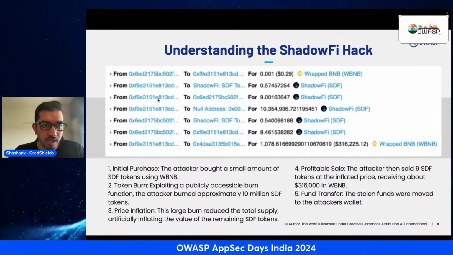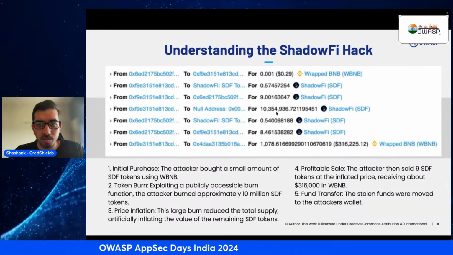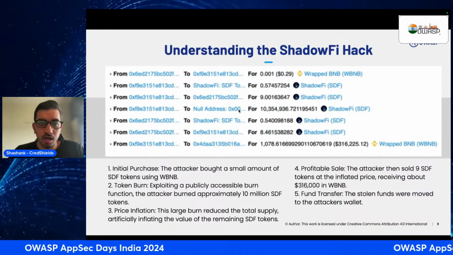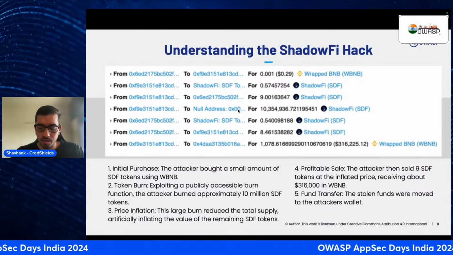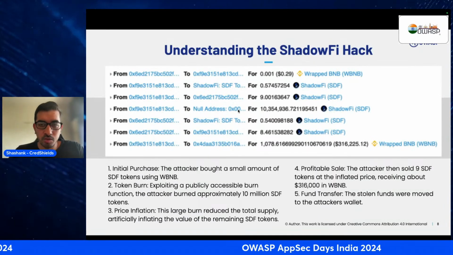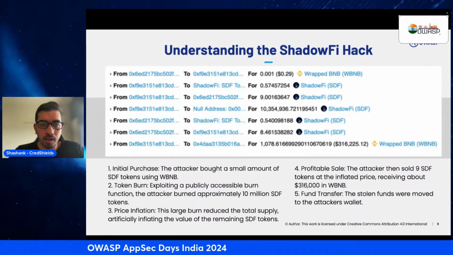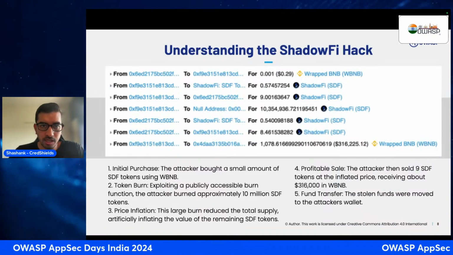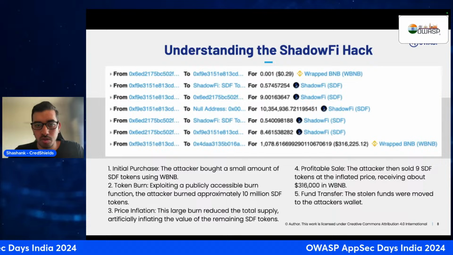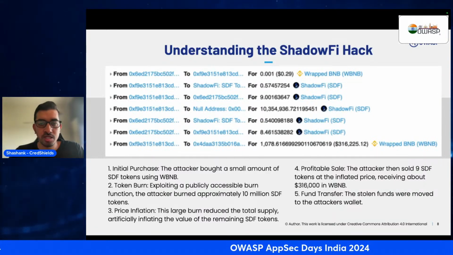You can see the official contract is sending almost 10 million tokens to the null address. So let me explain what a null address is. In blockchain, since it is immutable, if you create anything, it cannot be destroyed, it remains in the blockchain state.